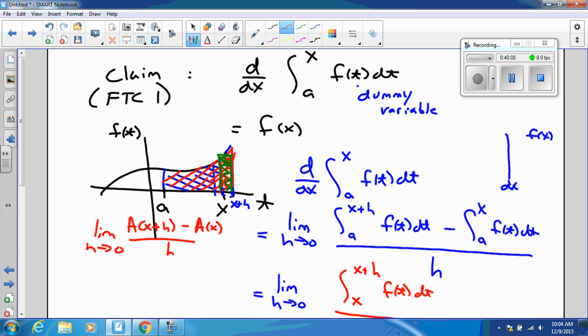FTC 1 is going to be valid only if f is known to be a continuous function. We could relax that a little bit and say that f could be piecewise continuous, but I think that would make things a little bit weird. I'll come back to that another time.